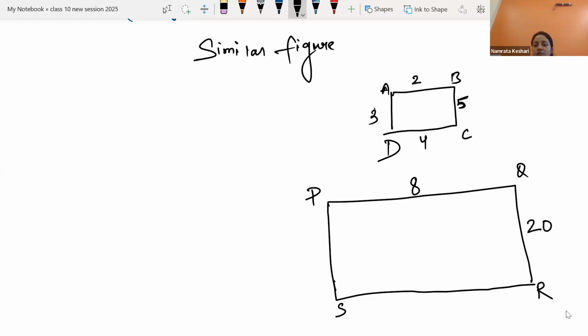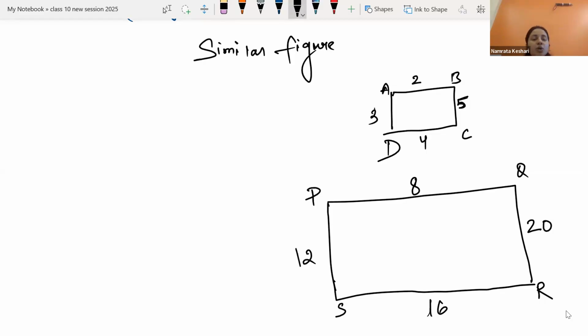This one is again 16 centimeter, and this one is 12 centimeter. Okay, then we will see there is a relation between the sides. These two figures are similar with each other.